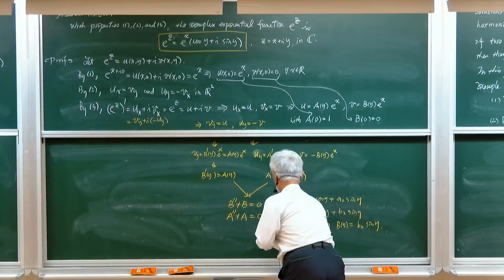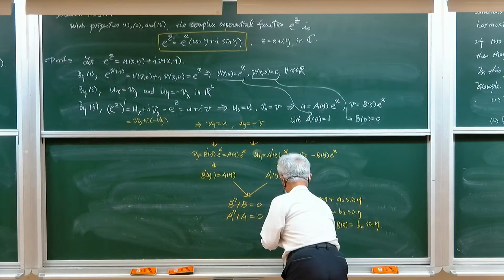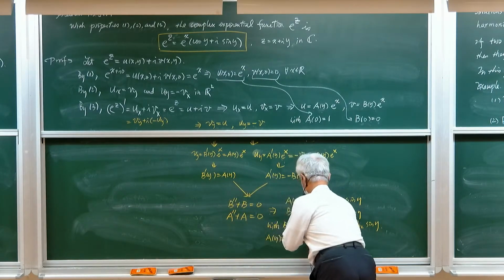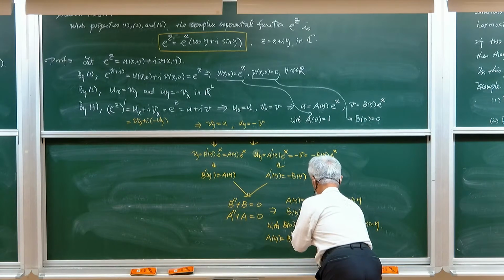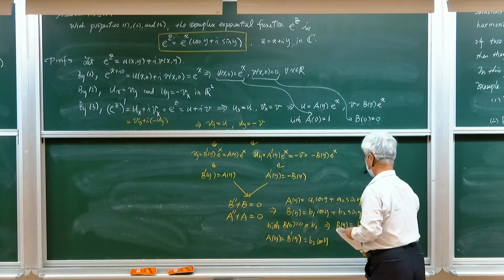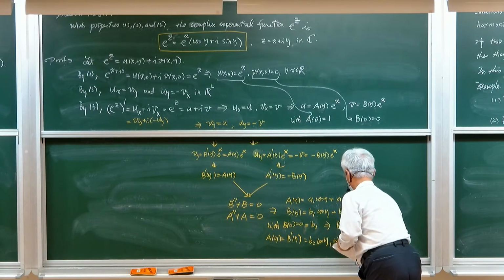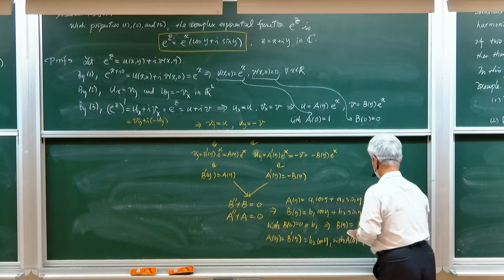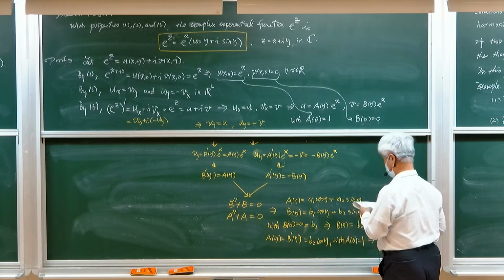Now A(y) is equal to B prime(y), so this gives us B2 cosine y. And with A(0) equal to 1, this implies that B2 is equal to 1.